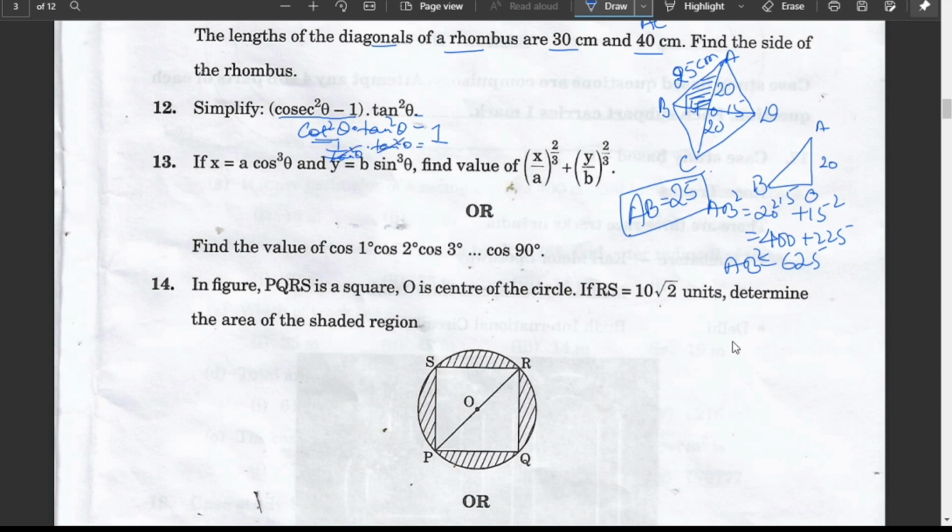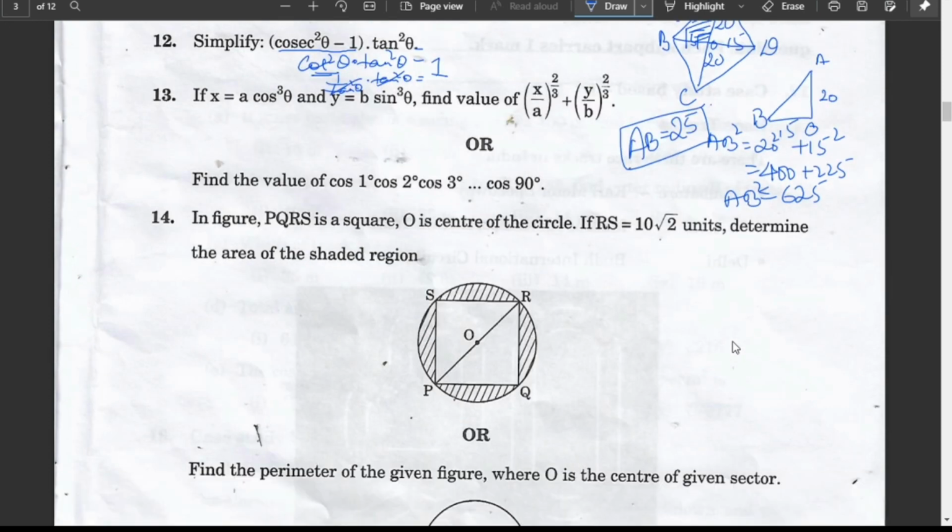Next question, 13th question. You find something cube and all is given, and it is only for 1 mark. How to be done? Don't be scared, children, just substitute what you are seeing here. x is a cos cube theta.